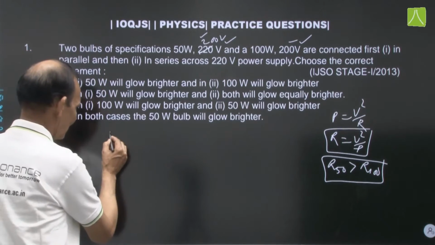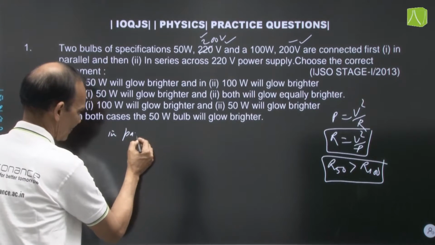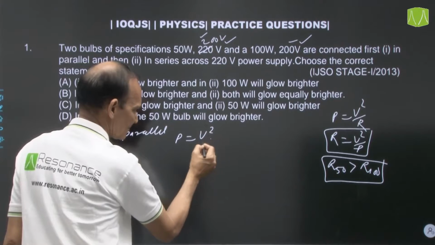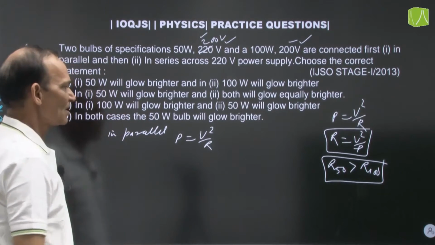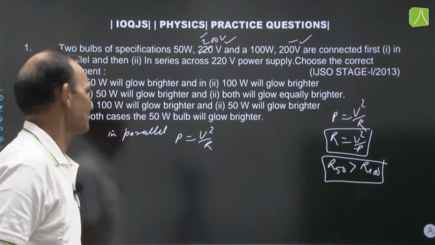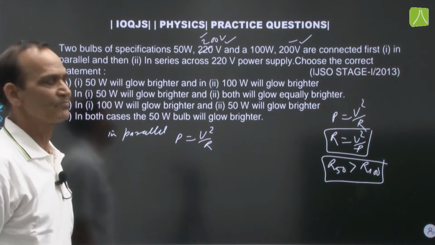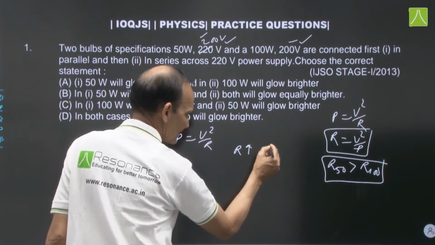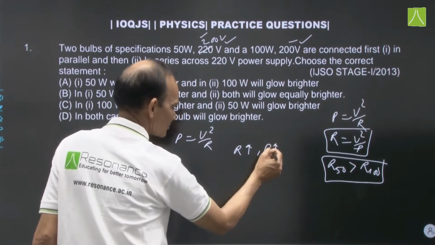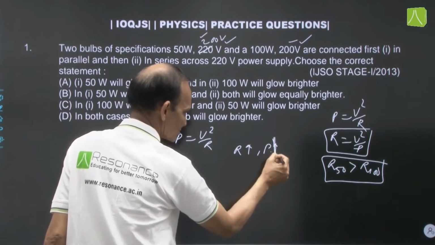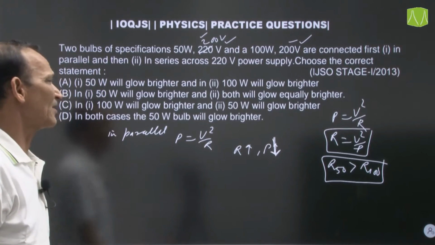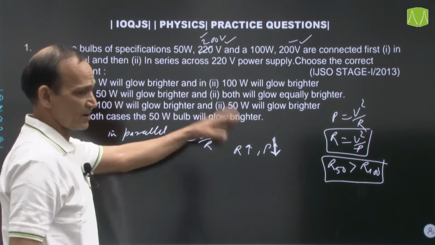So in parallel, what is P? V is constant, so P is V square upon R. We can say higher is the R, lower will be the power. R is greater for 50 watt, R is less for 100 watt.